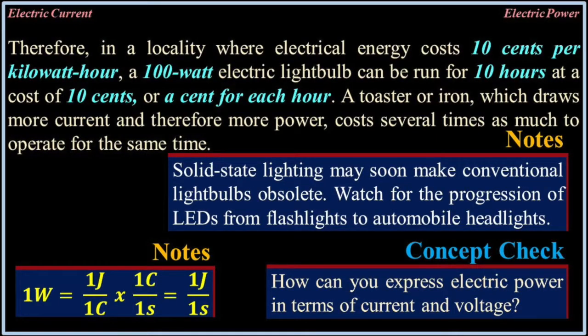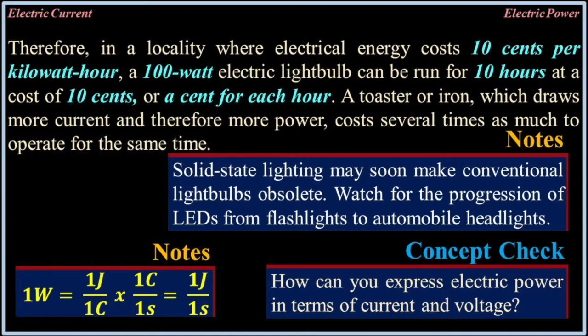Therefore, in a locality where the cost of electricity is 10 cents per kilowatt hour, a 100 watt light bulb can run for 10 hours at a cost of 10 cents, or a cent per each hour. A toaster or iron, which draws more current and therefore more power, costs several times as much to operate for the same time.